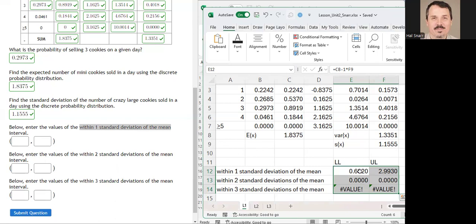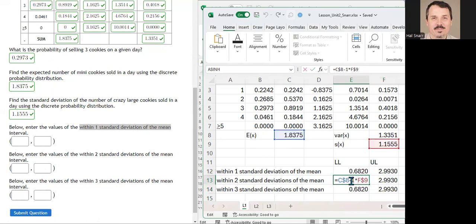And I need to fix both of these in their respective rows. So putting the dollar sign before the row number freezes this red box in row 9 and freezes this blue box in row 8. And then I can drag them down.